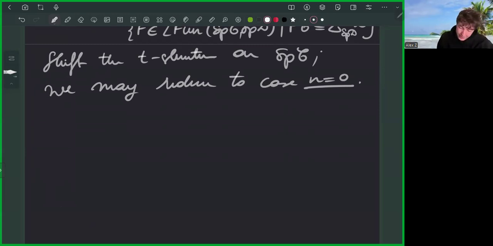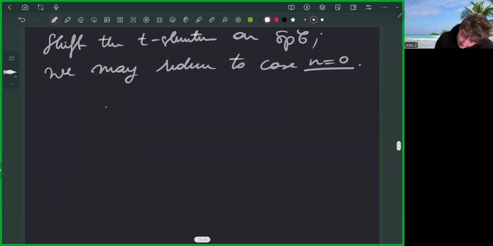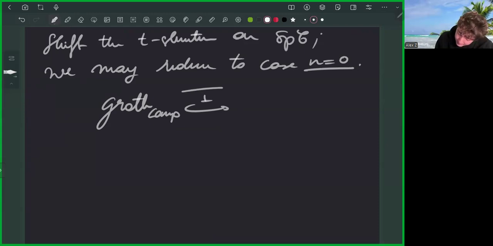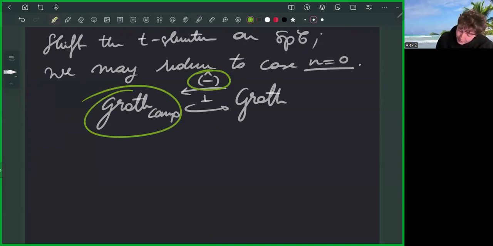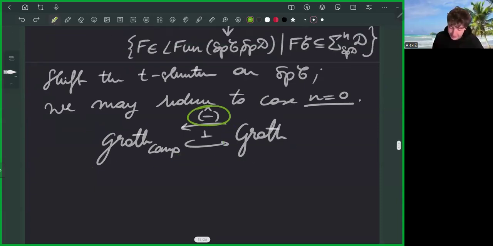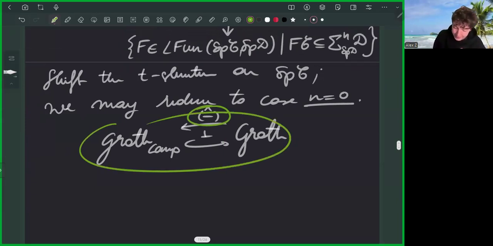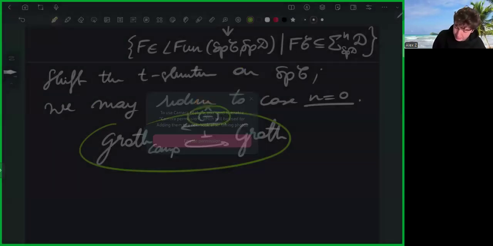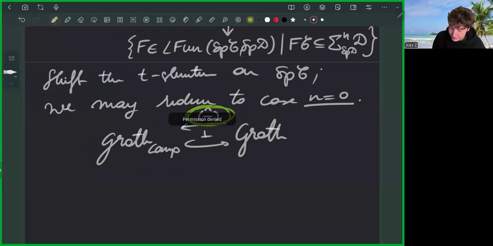But now the funny thing comes, namely, we know that Groth comp, this is the inclusion of this into Groth. This is left adjoint to this completion functor. My claim is that this adjunction, this being a left adjoint to the inclusion, is the case n equals 0.